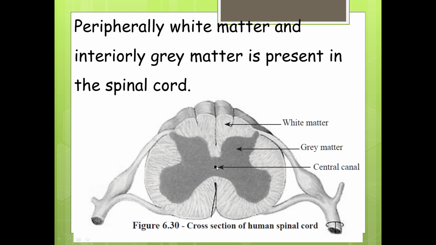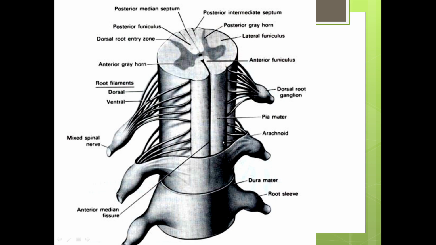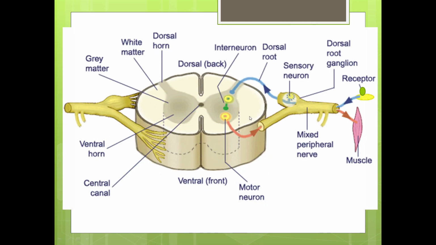Children, let's study how the neurons or the nerve fibers are connected with this spinal cord. Here is a cross section of the spinal cord. Here the gray matter and here the white matter.